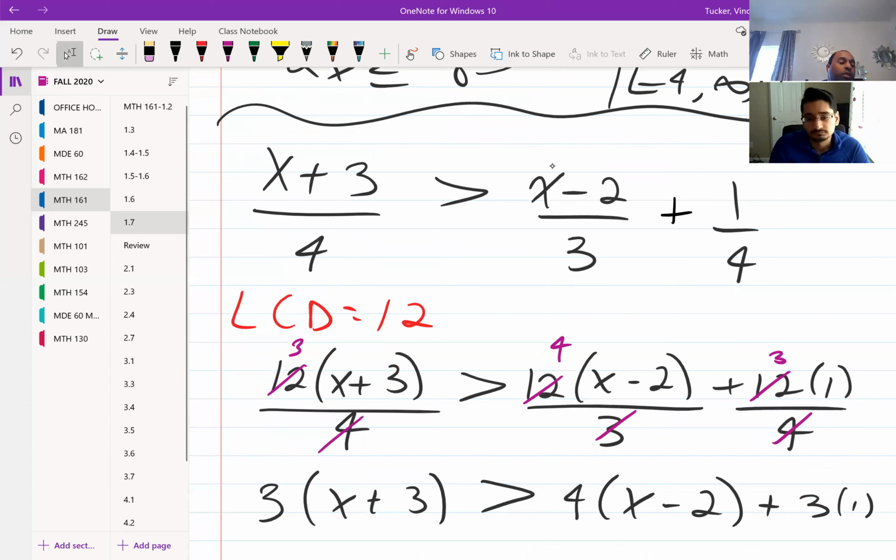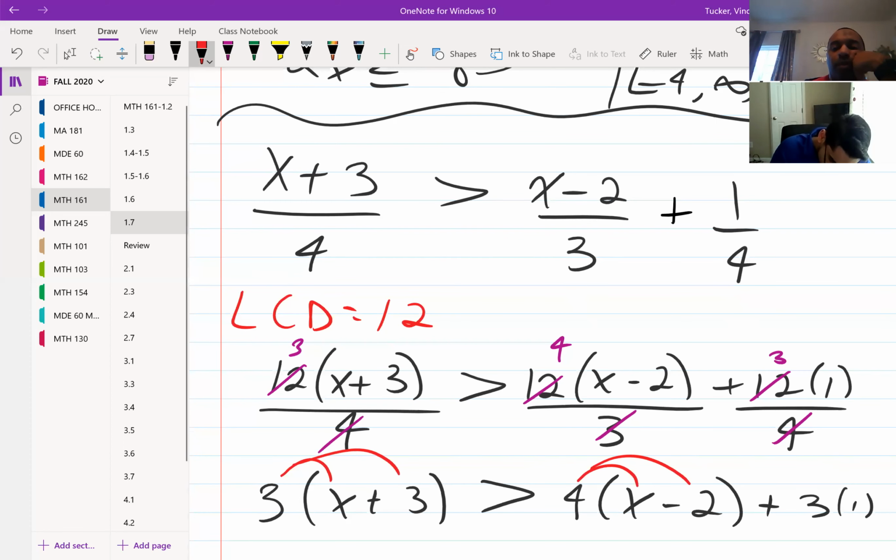3 times x plus 3 is greater than 4 times x minus 2 plus 3 times 1. So now we distribute.